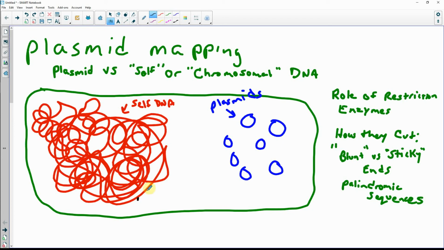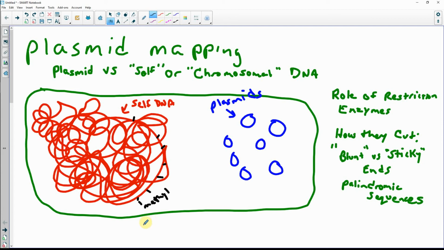Every little while, I'm making these little black lines, but imagine that these black lines are everywhere on this DNA. They're a methyl group, which is organic chemistry.